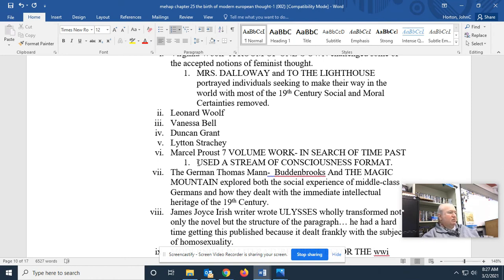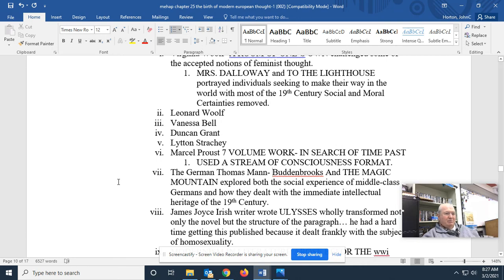Stream of consciousness writing is where the author just begins writing, oftentimes without punctuation, oftentimes without paragraphs, kind of like some of the DBQs I've seen. And it's just basically what they're thinking. For me, if I'm going to read something, I want to read it to enjoy it. And so I don't particularly like stream of consciousness format.